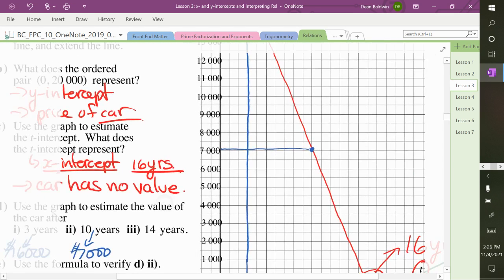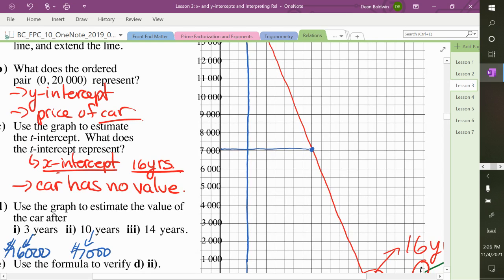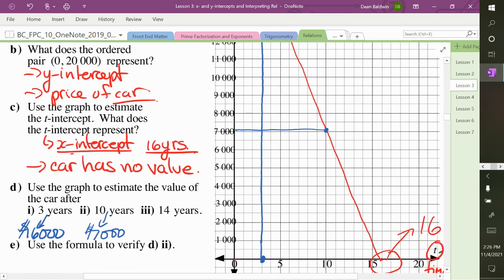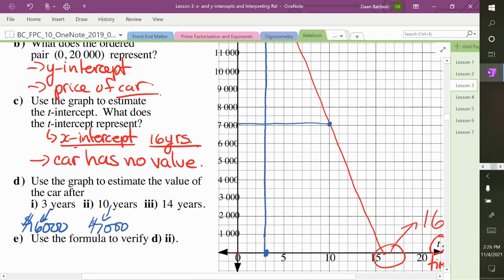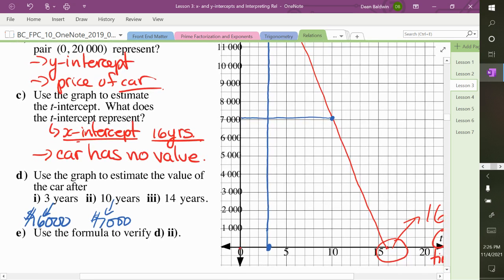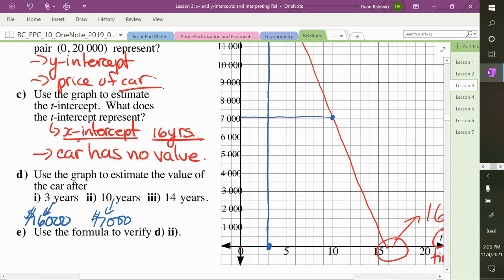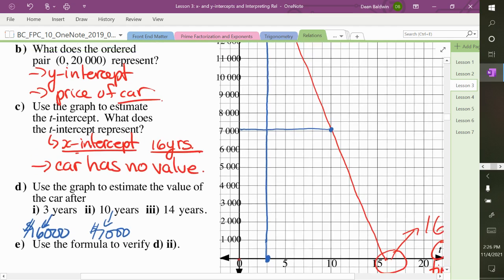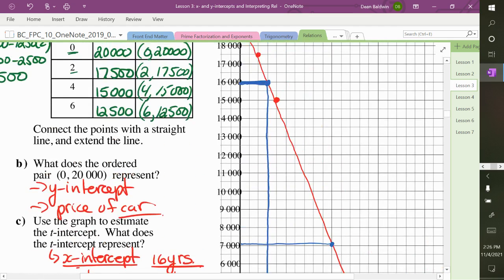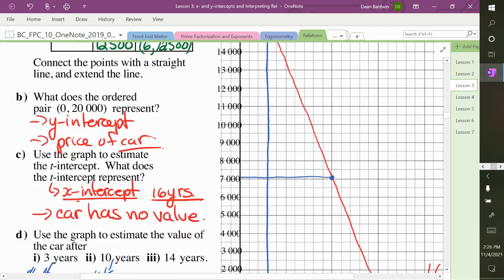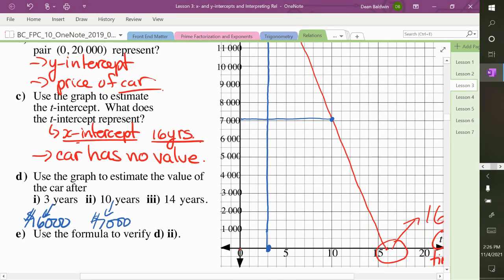Yes, Ruth. I haven't done 14 yet. Is that what you're asking? I didn't do 6. Oh.